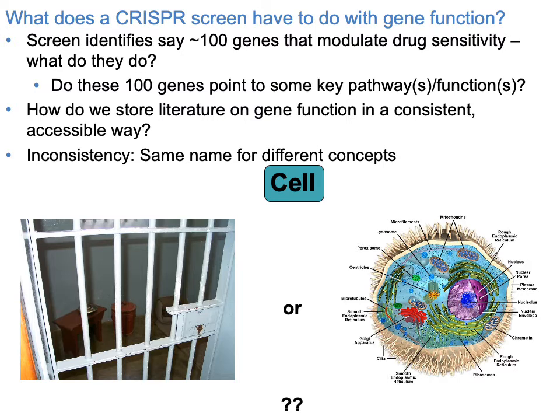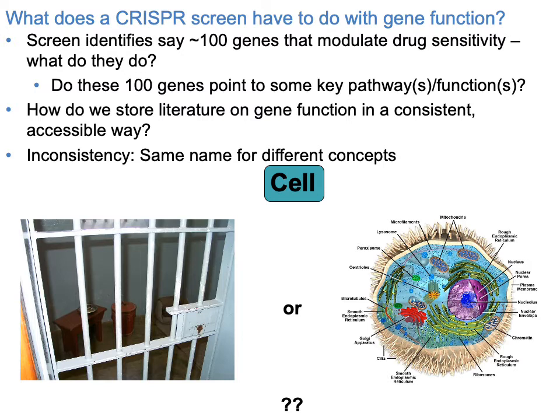And so you need some kind of way of looking at the literature on gene function and querying this literature to say, okay, what does each gene in my gene list do? Right.